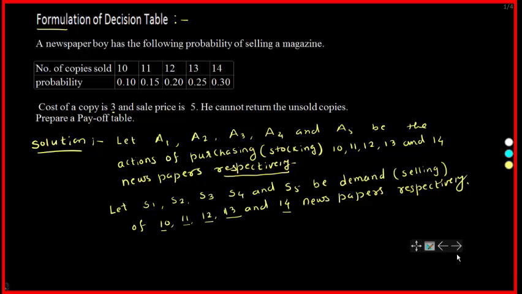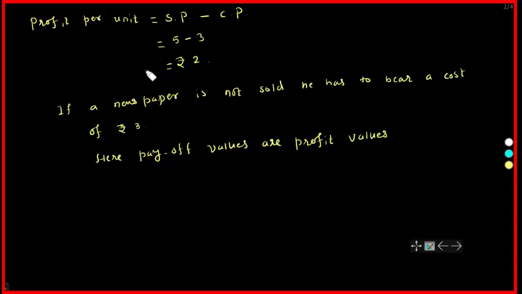Now see here, cost is given. Cost of a copy is rupees 3. Means he takes a paper for rupees 3 and he sells a paper at rupees 5. So profit per newspaper, that is profit per unit, is selling price per unit minus cost price per unit. Selling price is given rupees 5 minus rupees 3. This is equal to rupees 2 per unit.